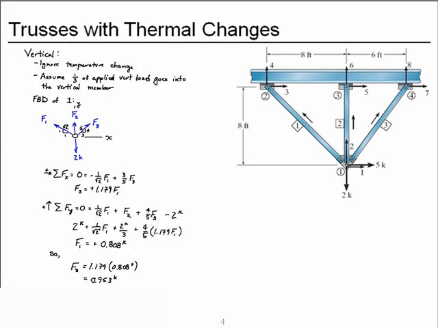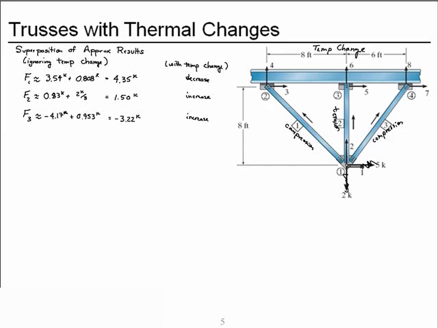Then, while still ignoring the temperature change, we considered only the effect of the vertical load, and again performed an approximate analysis by assuming that 1/3 of the vertical load goes to member 2. We then calculated the force in each of the members. We then superimposed those results to find our approximate results, or our prediction of forces in each of the members.